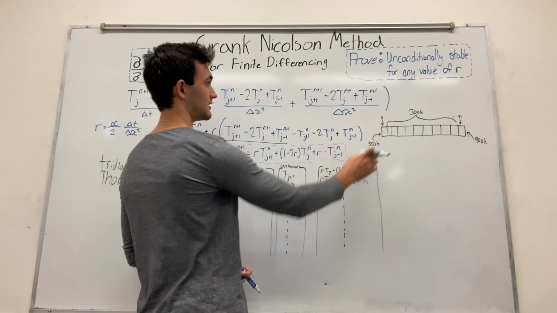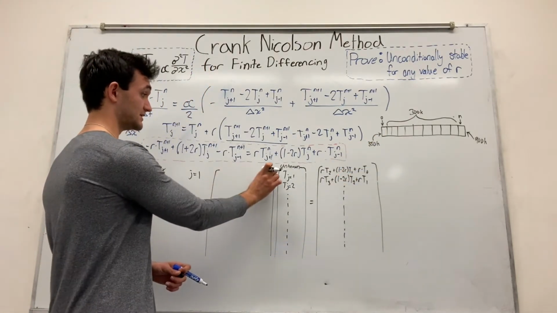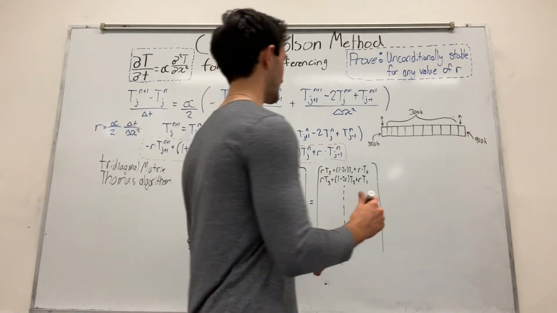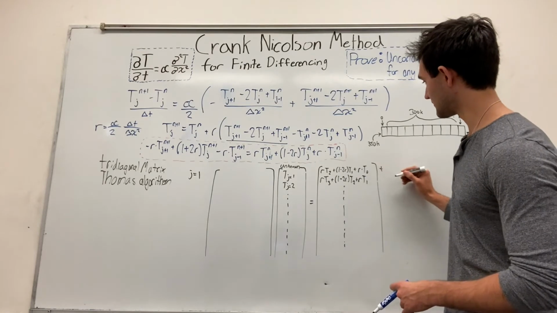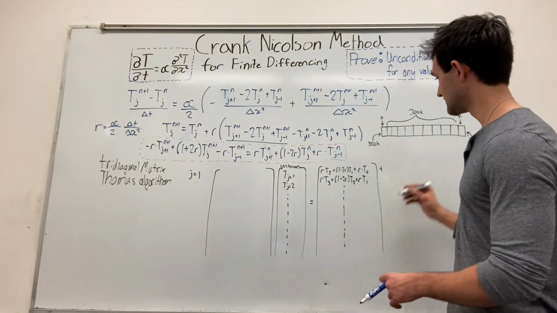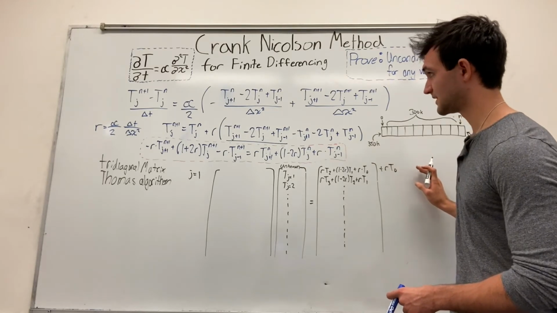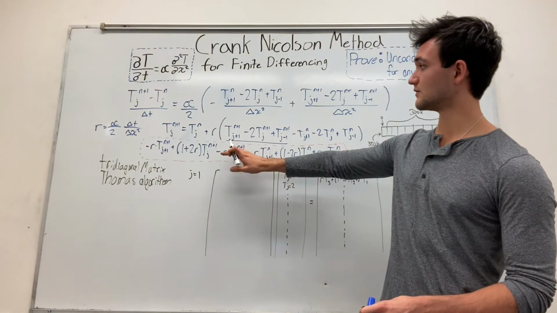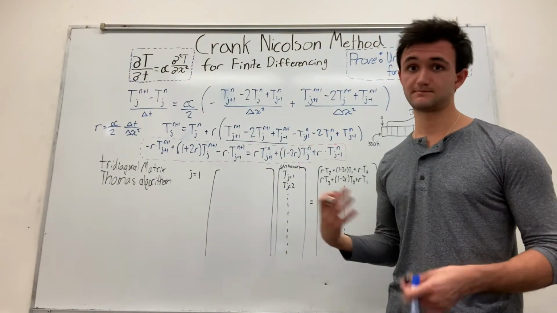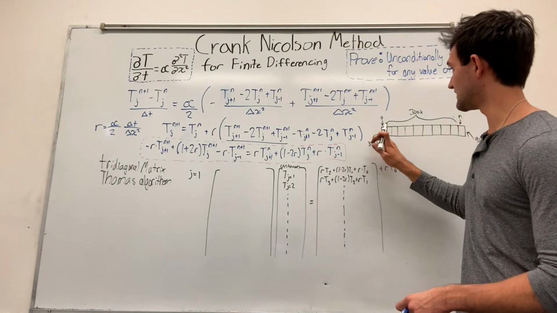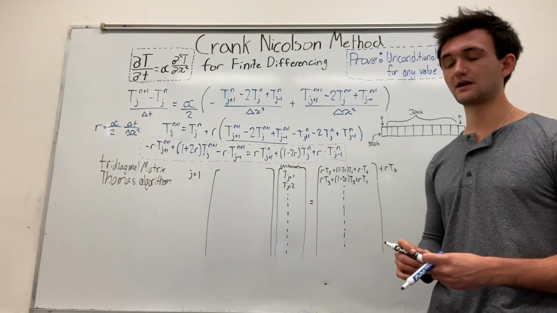And we actually know what the temperature at that block 0 is. So it's not going to be included in this matrix. But it's still very relevant, and we need to go over and throw it on our known side. So this is going to be R times T0. Because it doesn't matter what time period you're at, n plus 1, n plus however many you want, this block at 0 is always going to be 350 degrees Kelvin.